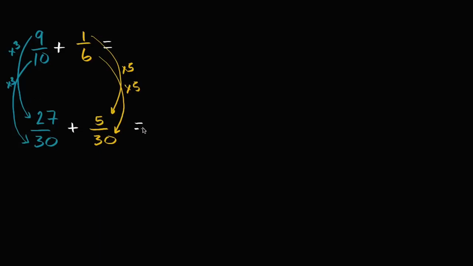It's fairly straightforward. We have a certain number of thirtieths added to another number of thirtieths. So 27 thirtieths plus 5 thirtieths, well, that's going to be 27 plus 5 thirtieths, which of course is going to be equal to 32 thirtieths.